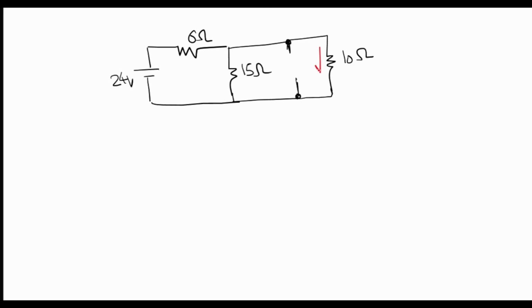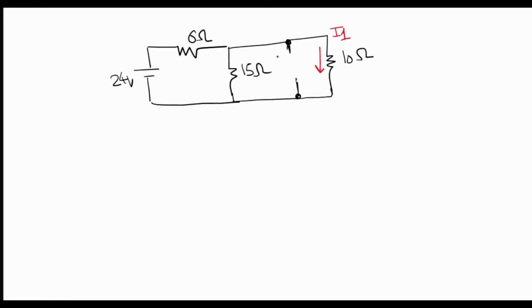So we are interested in finding this current through the 10 ohm resistor. Let's call this current I1, because we'll find another current I2 and then sum up both the currents to find the total current I.